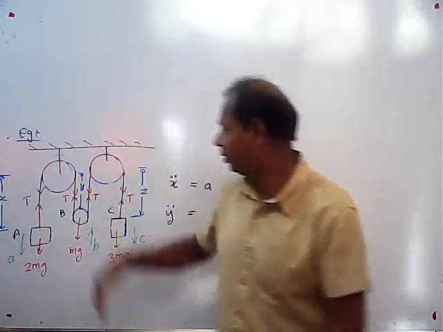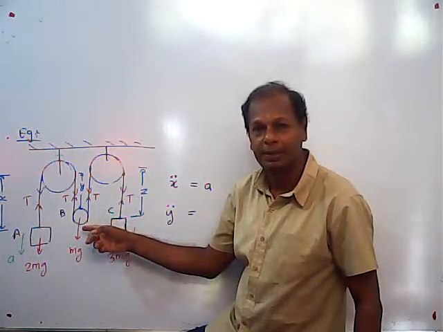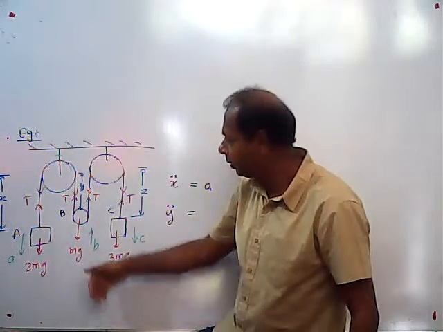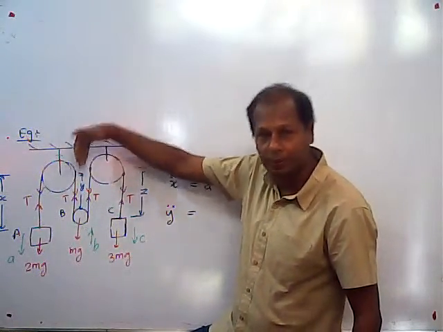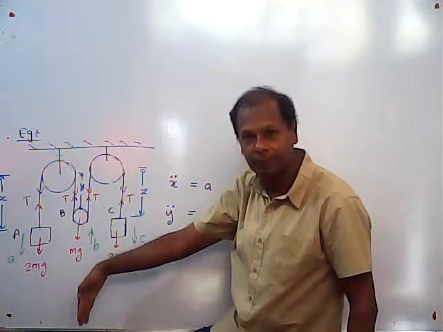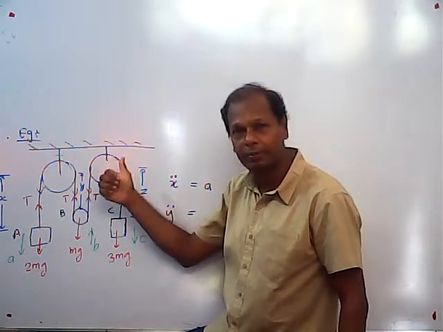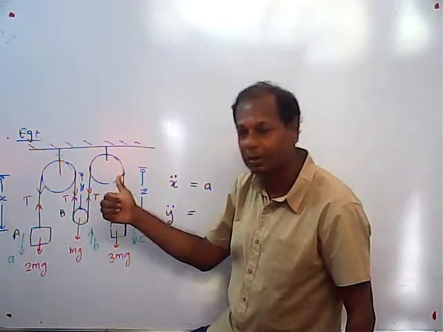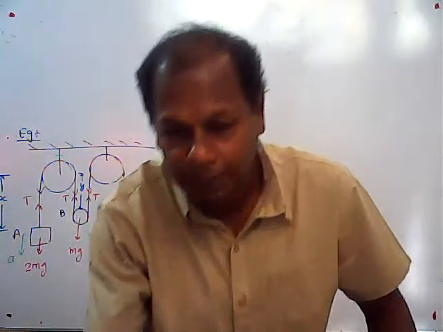Here, y double dot gives the acceleration of the moving pulley b. It's all correct. But y is measured from this reference point downwards. So y double dot is measured downwards, but we mark the acceleration of the moving pulley b upwards. So it has to be y double dot equals minus b.